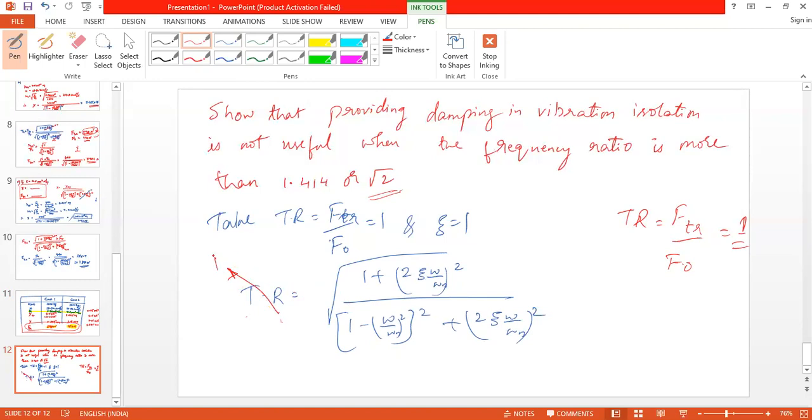If the transmissibility ratio is 1, then we can say the provided isolator is not useful. And zeta is 1. So let me know the value of omega by omega n.